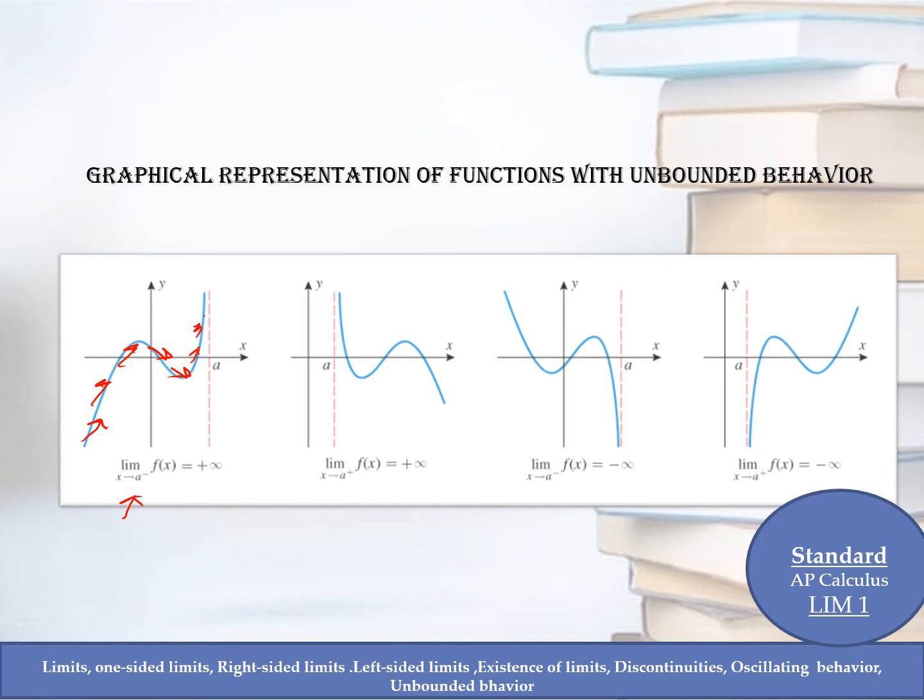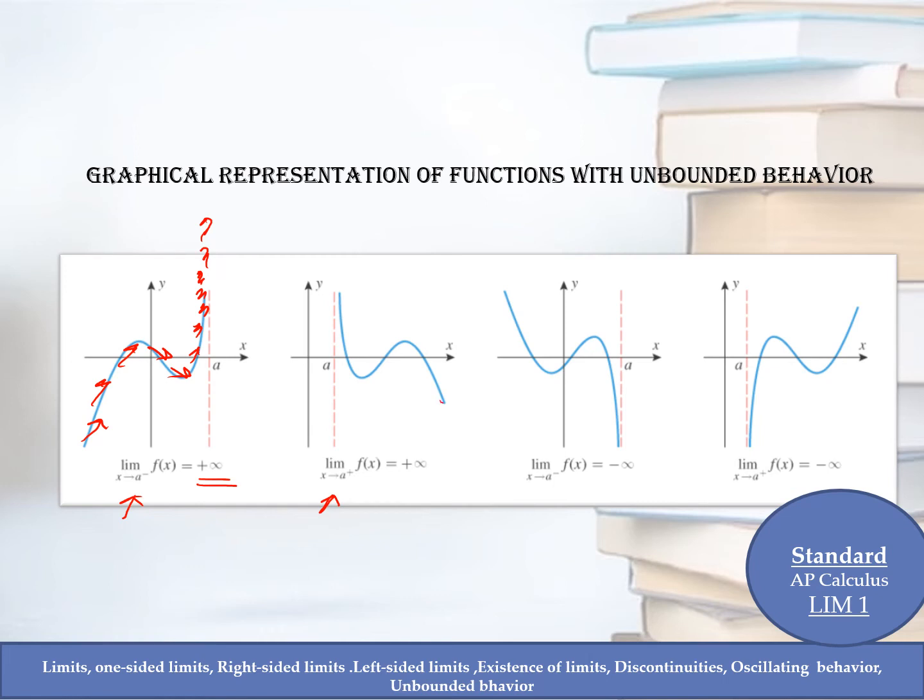It is increasing and increasing without bound. When will it stop, you don't know, since it is increasing and the end behavior is positive infinity. So our answer is positive infinity. Similarly, if we say limit x approaches a from the right-hand side.